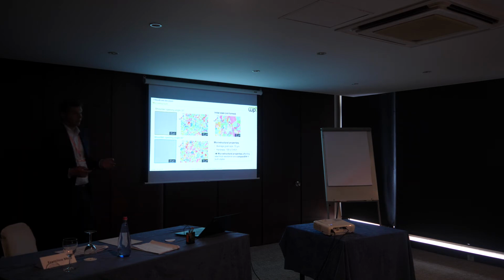Both have an average grain size of 10 micrometer. Also I did some hardness measurements throughout the specimen, and we got for both states a hardness of about 190 HV. Thus, the microstructural properties which are affecting the electric resistance are comparable in both states.